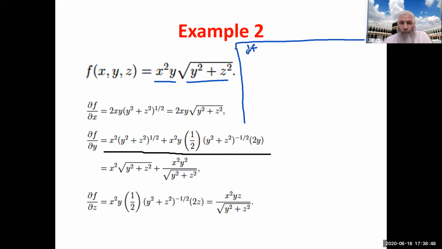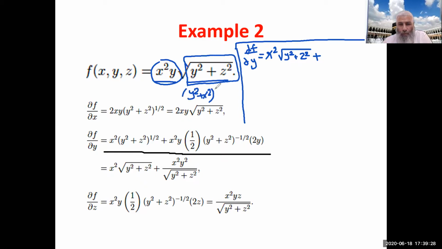So the derivative of f with respect to y. The derivative of the first function with respect to y is x squared, multiply the second function, which is y squared plus z squared, plus the derivative of the second function. It's x squared y multiply 1/2, y squared plus z squared power 1/2.